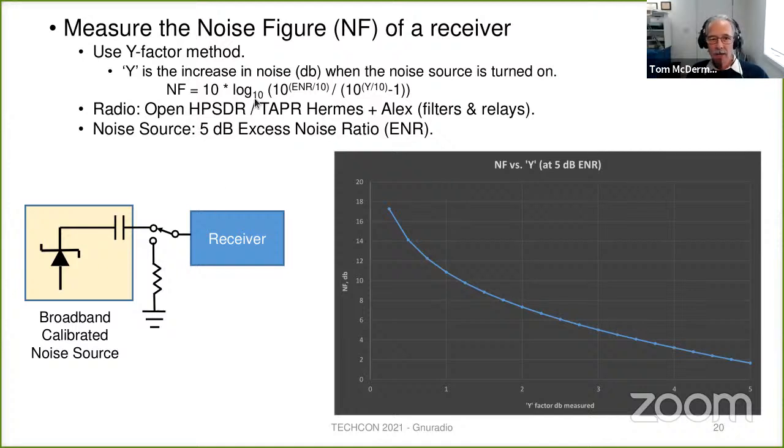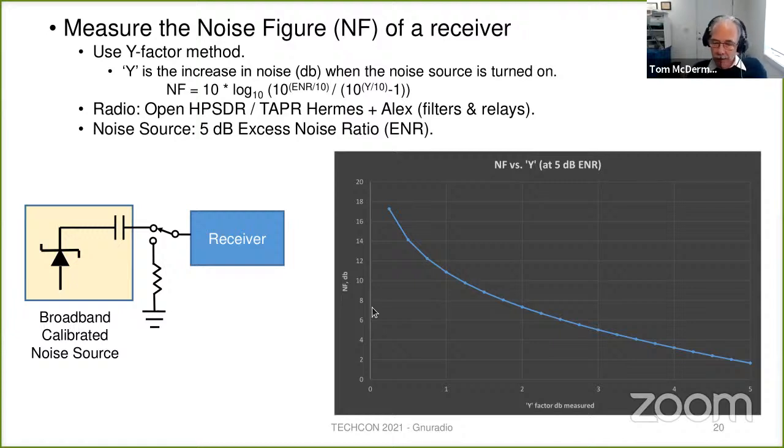And so if you plot the equation for noise figure, which is this equation here, we've plotted the increase in noise that we measure on the receiver on the x-axis. And then we solve for the noise figure, and that's the resultant value on the y-axis. So for example, if we turned this switch on and off and the noise went up and down 2 dB, and we're using this 5 dB excess noise ratio source, we would know that the noise figure of the receiver is about 7.5 dB.